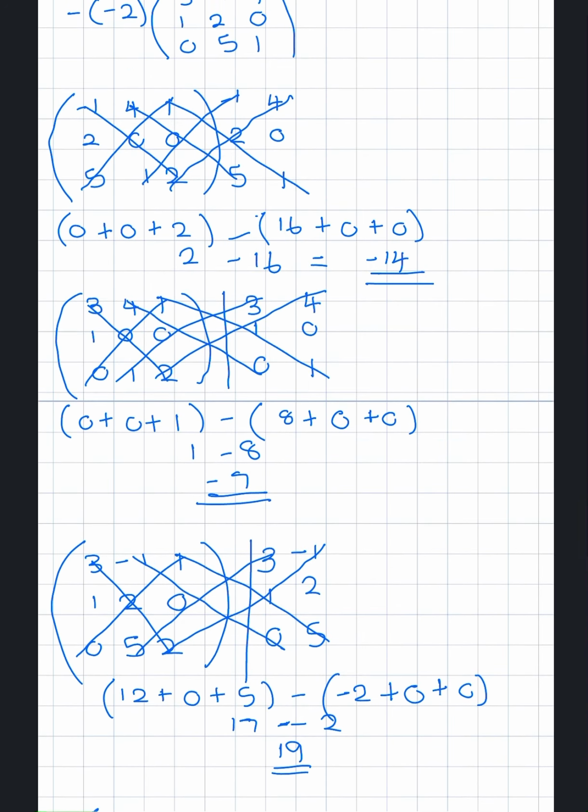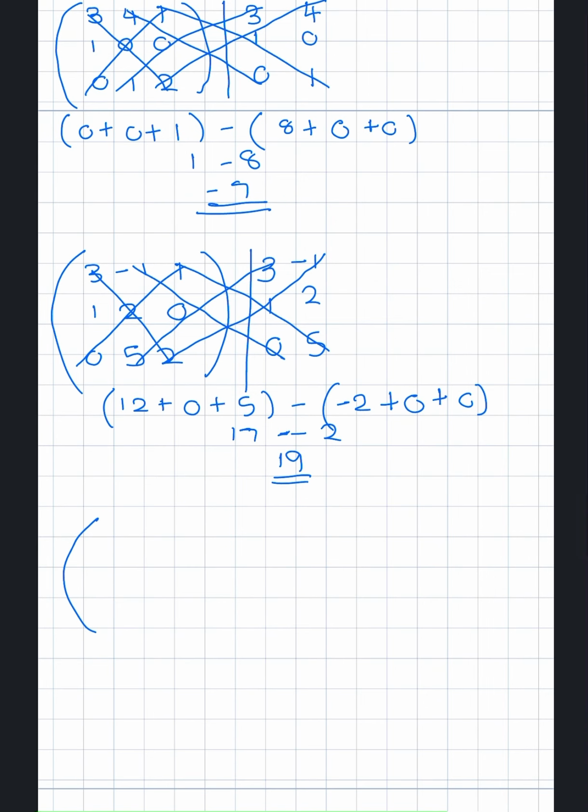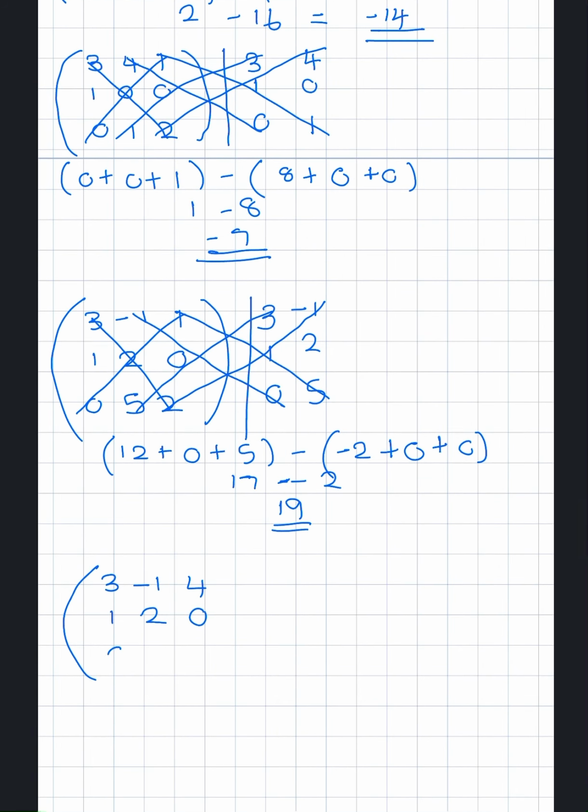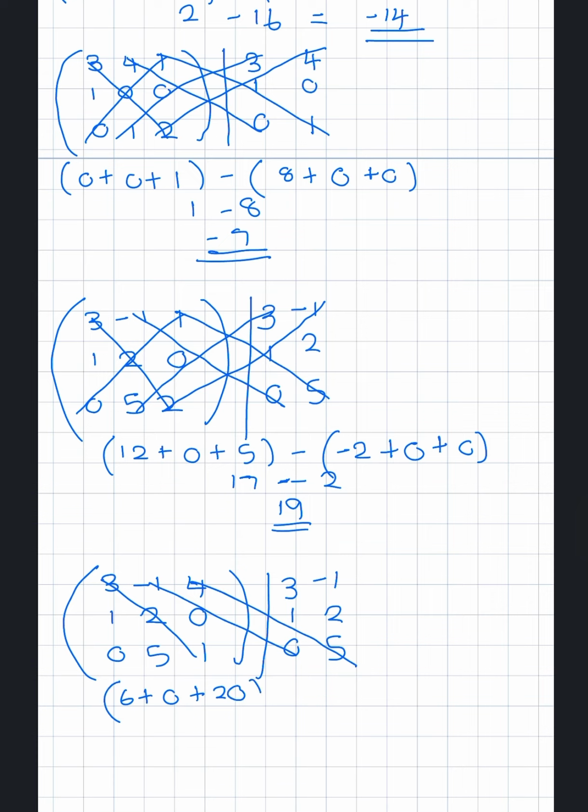Then the last one. The last one is what? 3, minus 1, 4, 1, 2, 0, 0, 5, 1. Then we have 3, 1, 0, minus 1, 2, 5. We cancel out the major diagonals again. 3 times 2 times 1 is 6, plus 1 times 0 times 0 is 0, plus 4 times 1 times 5 is 20.